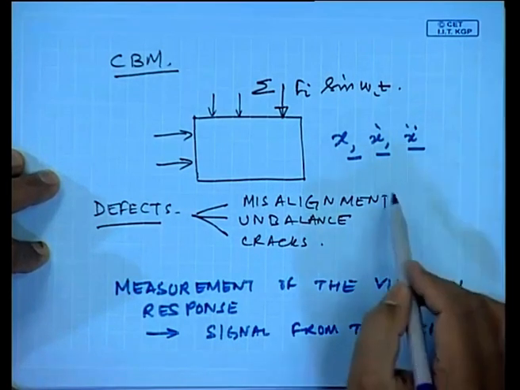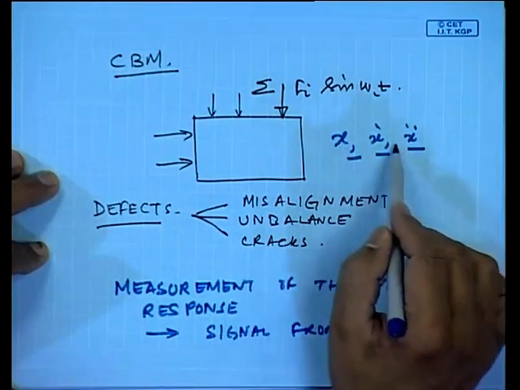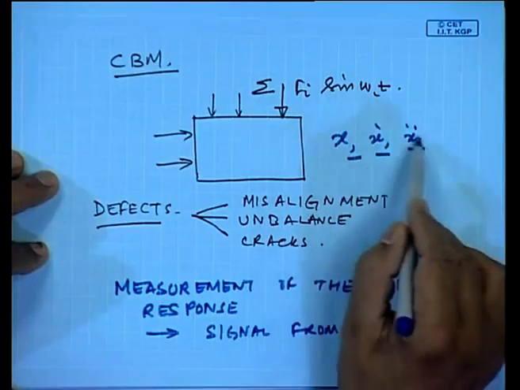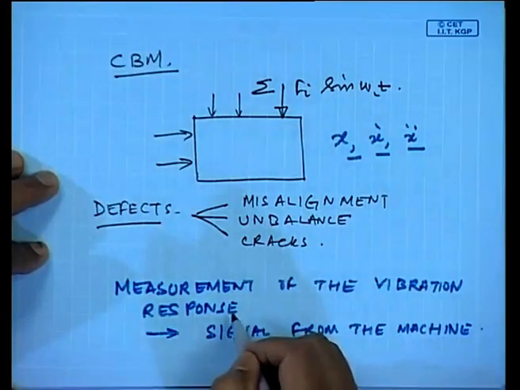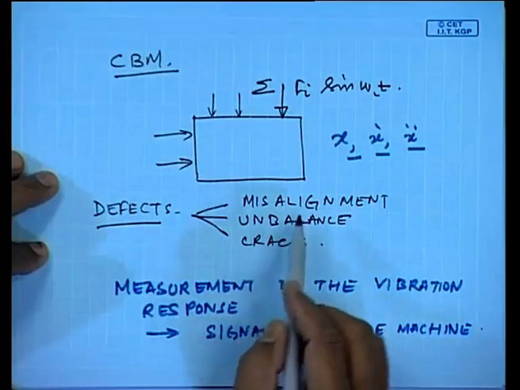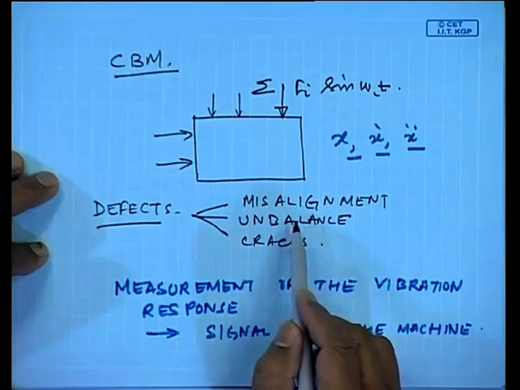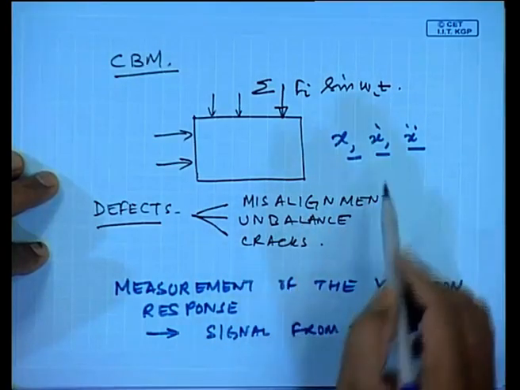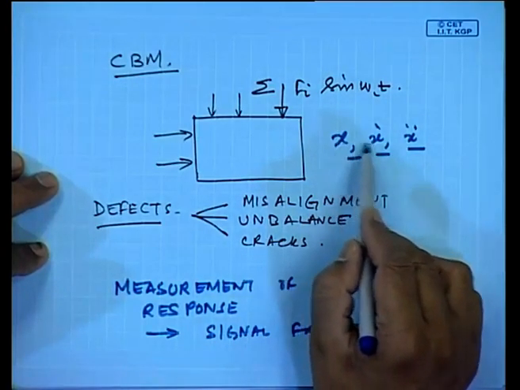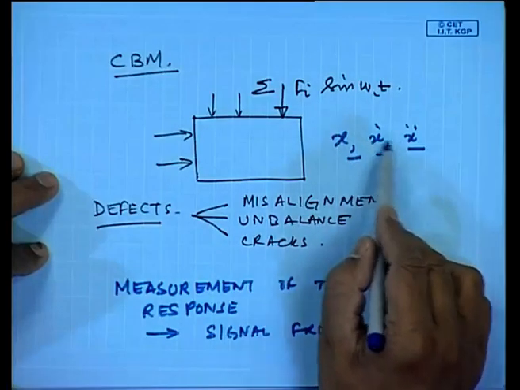So, we have transducers or sensors which will measure this, and by analyzing these signals, we will get a clue as to what could possibly be the forces, or we would have had knowledge beforehand if the responses are of the form measured as x, x double dot or x dot.